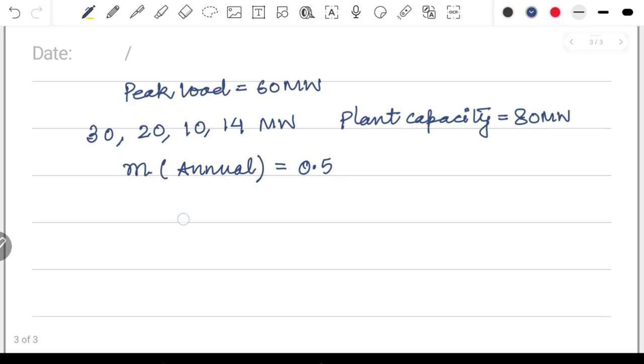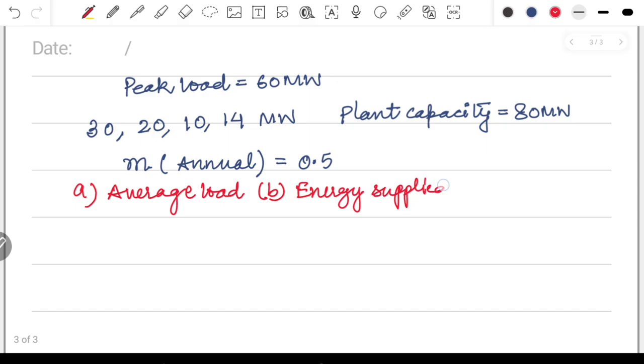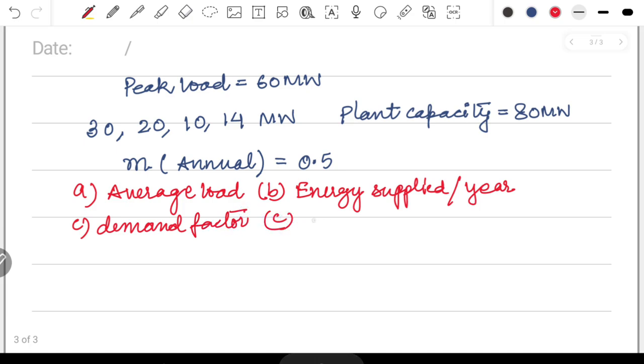So what you are expected to find, let me write it here: the average load, then the energy supplied per year, the demand factor and the diversity factor.